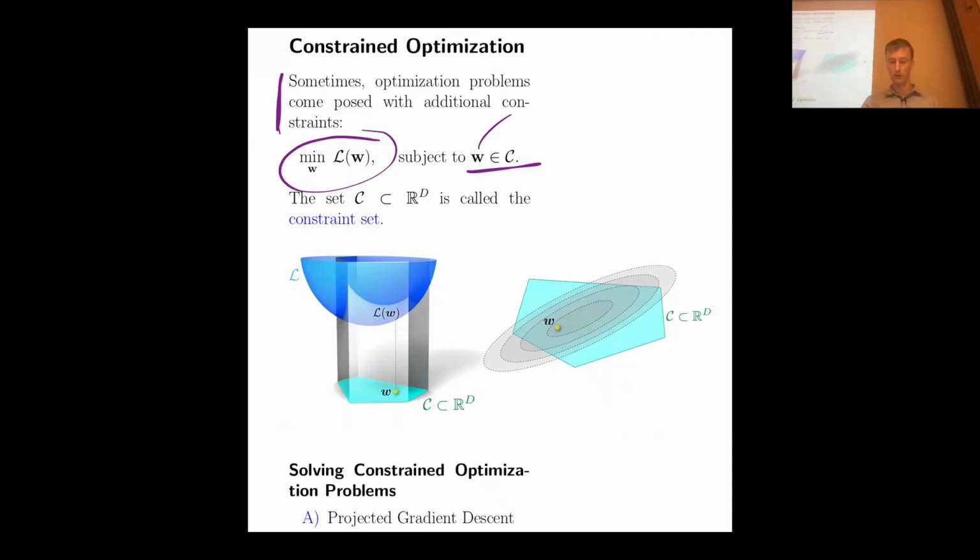So you have some equality constraints or inequality constraints on your parameters, or they just want to be in a particular set C. That's also maybe the most general way to write it, just to write, yeah, my parameters must always remain in the set C.